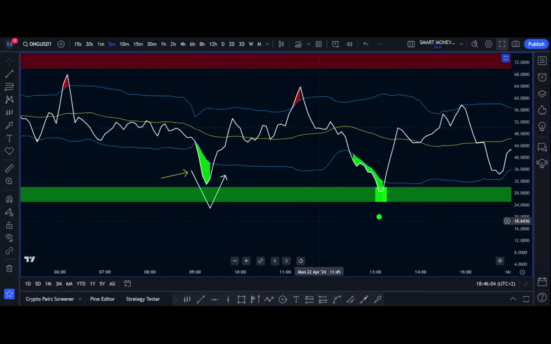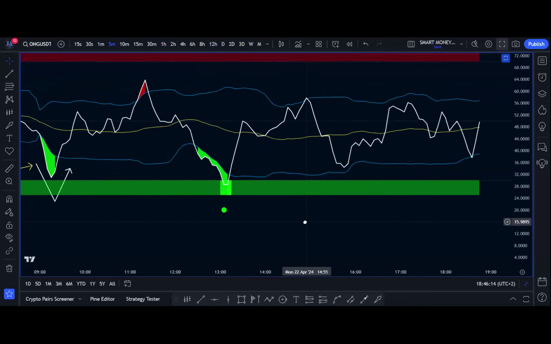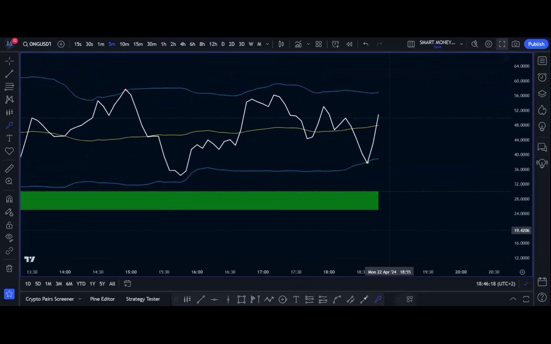But the biggest reversals are going to occur when they're at this low, at the green region, which is the overbought region. These are going to be the biggest reversals, and these are very solid. If you look at this here, these are also very good. They're not going to be as big because they're not coming down to the low, but this is where I look for.